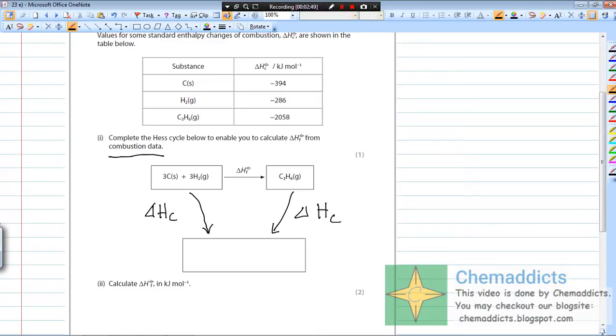We are going to combust the reactants and the products. If we do the combustion of reactants, here carbon and hydrogen are present, so we will get carbon dioxide and water as a result.